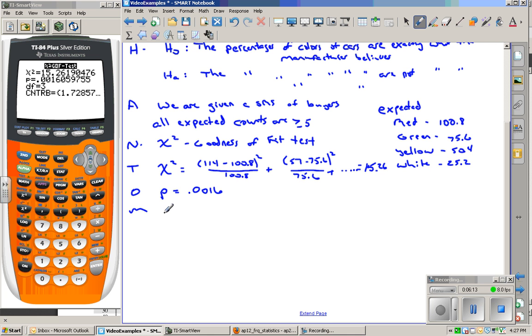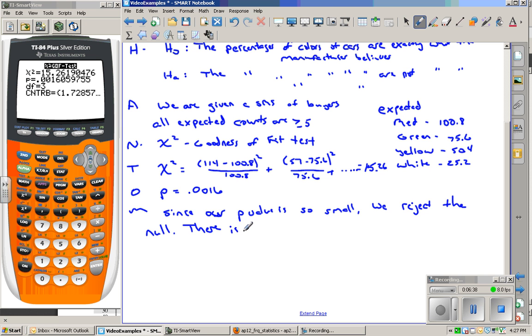So we need to make a conclusion. Our conclusion will be, since our p-value is so small, we reject the null.